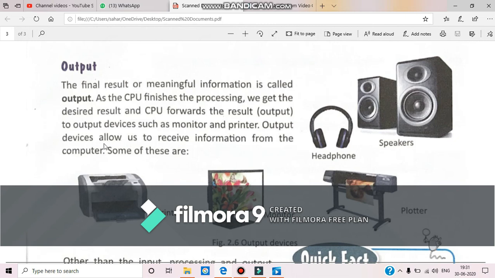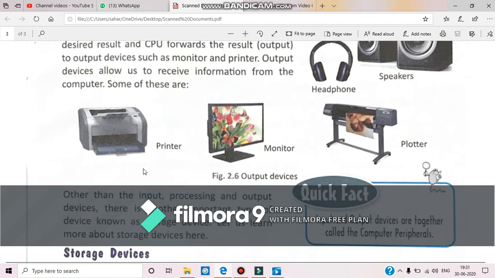Output devices allow us to receive information from the computer. So, after processing, we need to store the data, right? So there comes the usage of storage devices.